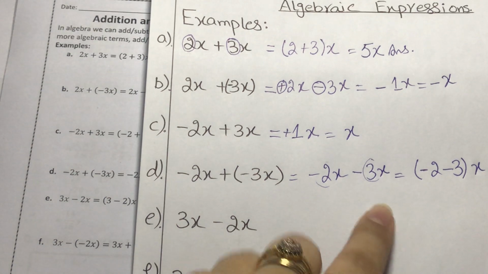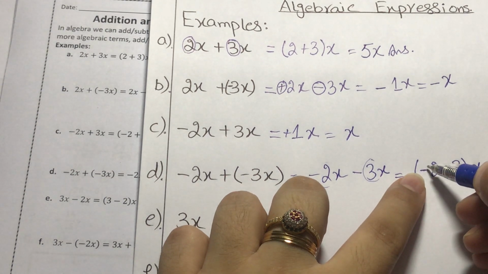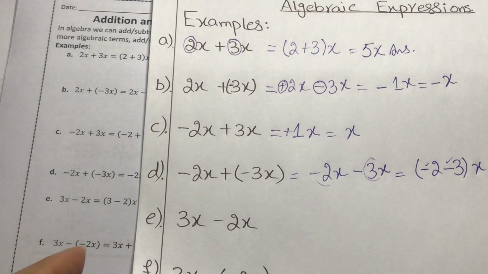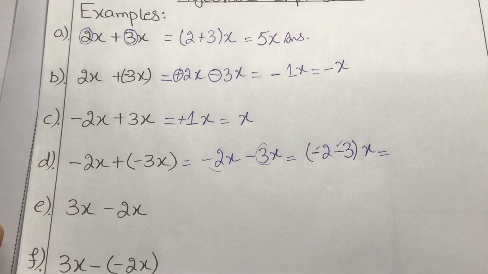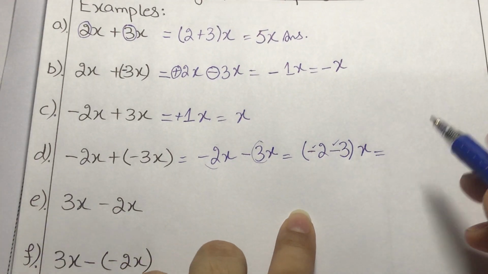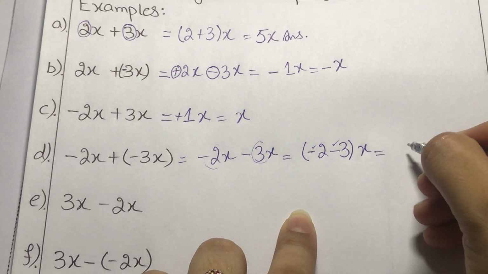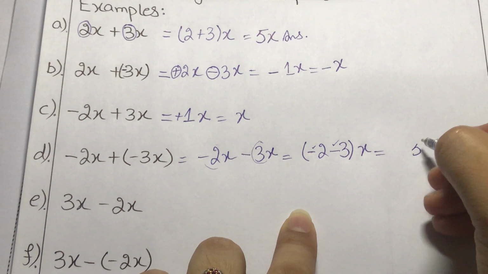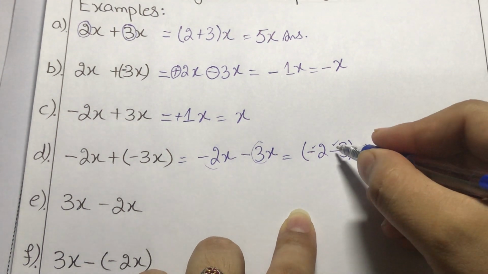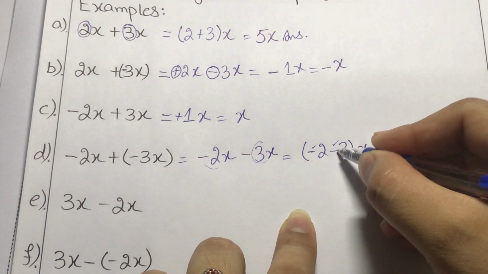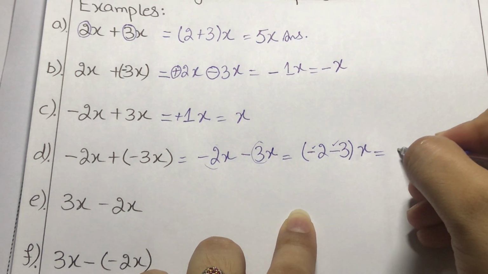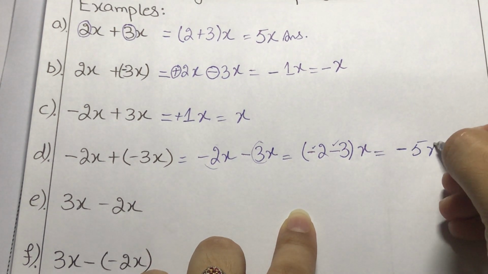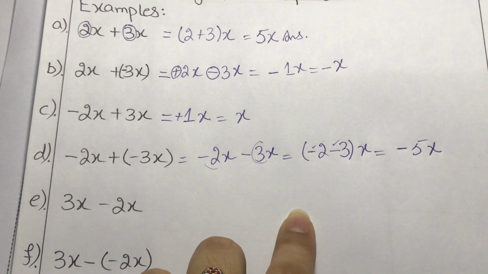Now you can see here we have two same signs, and for two same signs we always add. So 2 plus 3 is 5, and keep the sign of your greater number, and your greater number is negative 3. So we will keep our negative sign and write your variable with your answer.